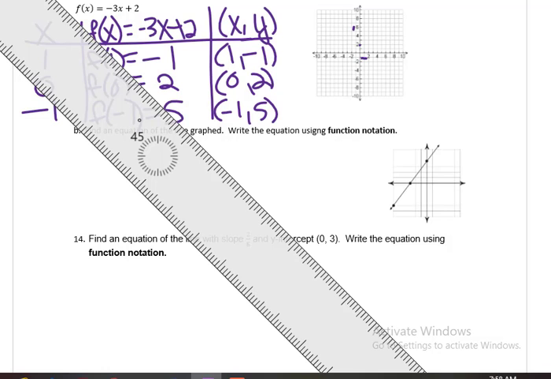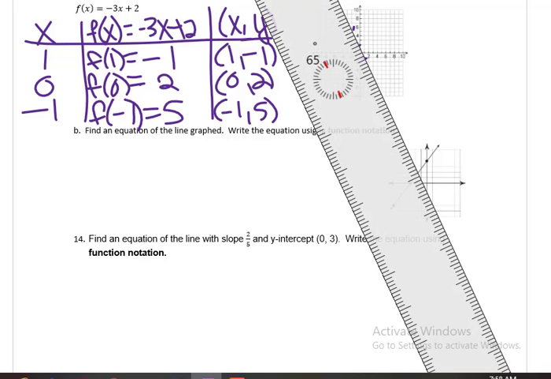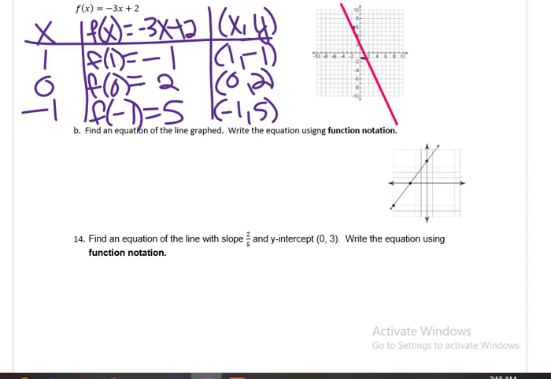I'm going to grab my ruler, and I will draw in my line. Now you can also just check this. If you look at the basic form, that is in slope-intercept form. So your slope is a negative 3, and your y-intercept would be a positive 2.